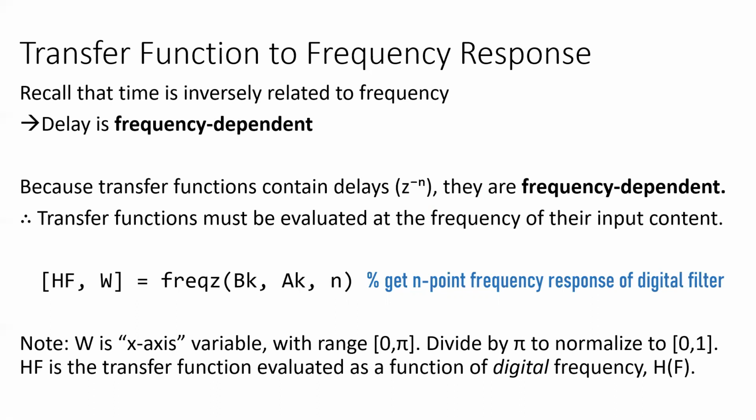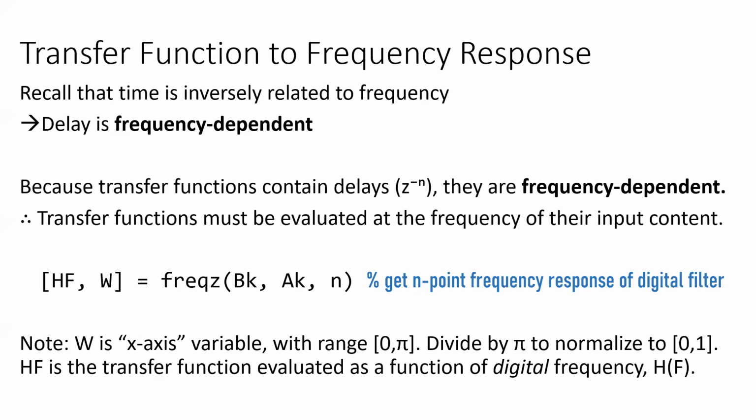It'll give you back HF, which is just H, the transfer function, evaluated as a function of digital frequency. Remember, digital frequency goes from 0 to 1. In this case, freqz will actually give it from 0 to 0.5. We'll see in a second why that is. But basically, after 0.5, everything just looks the same.